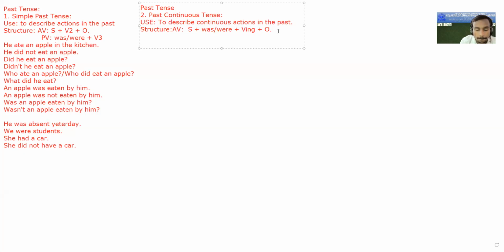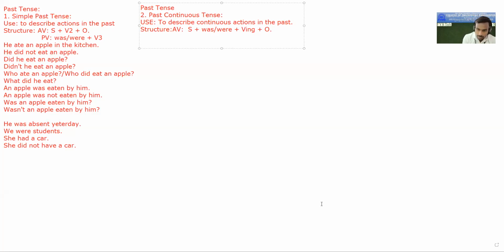Yes, Sridhar, he was climbing the stairs. She was climbing the stairs. I was making dinner when she arrived. Yes, that's right. Saurabh, that's right. We can use like this: she was eating an apple. She was working in the office. Samruti, Sairaj, they were playing cricket.